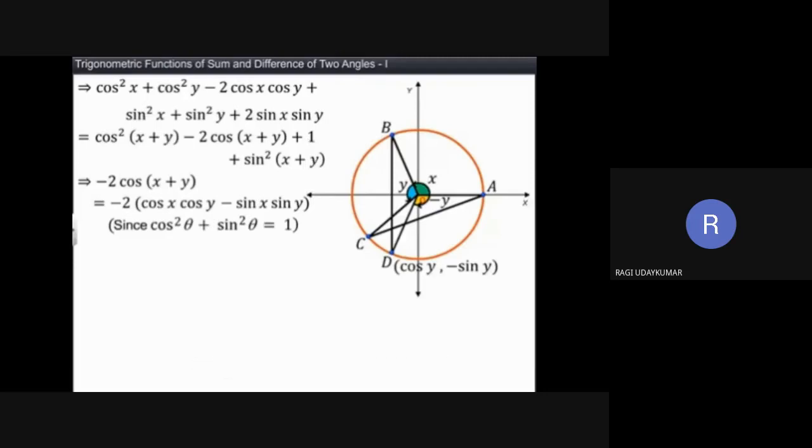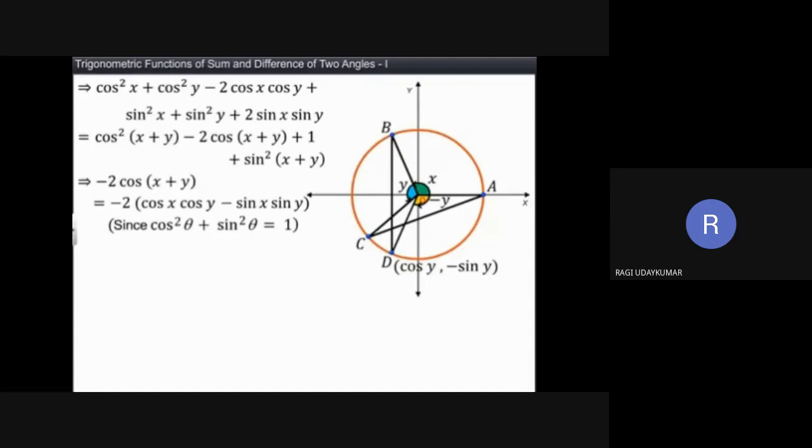So on the left hand side and right hand side, both sides you are going to get 2. The 2 will be cancelled. Then the leftover part in the left hand side is this one, and in the right hand side only this one. So minus 2 cos(x plus y) is equal to minus 2 (cos x cos y minus sin x sin y).